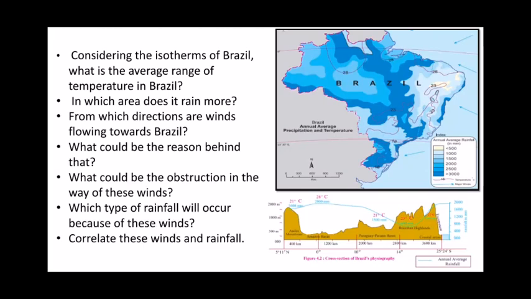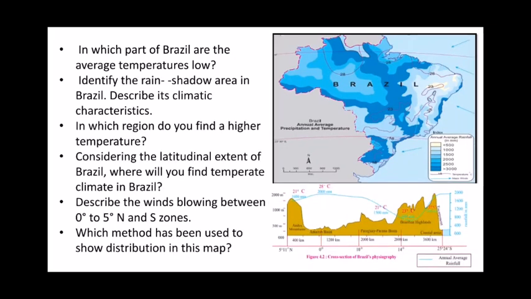Next question. In which part of Brazil are the average temperatures low? The average temperatures are low in the southern part of Brazil. Next question. Identify the rain shadow area in Brazil. Describe its climatic characteristics.